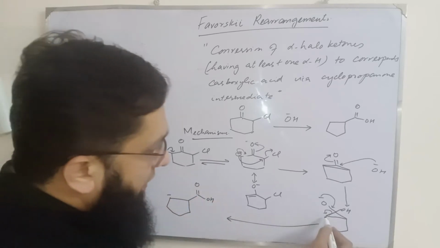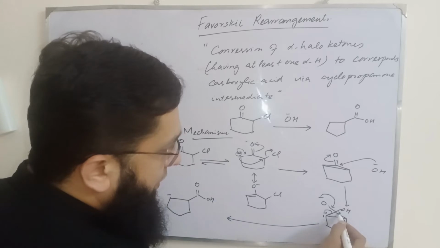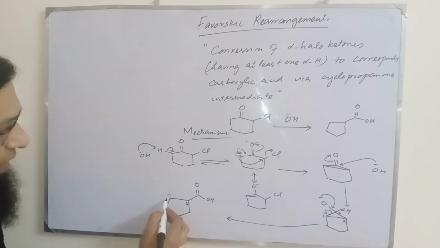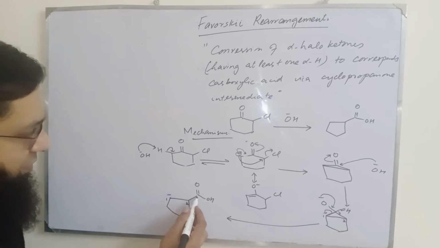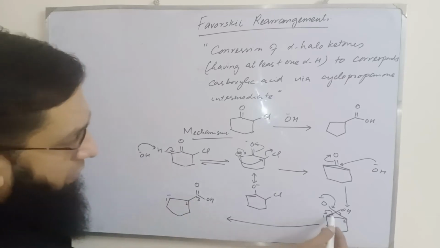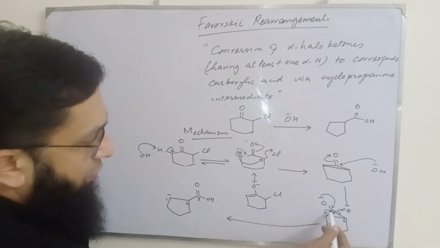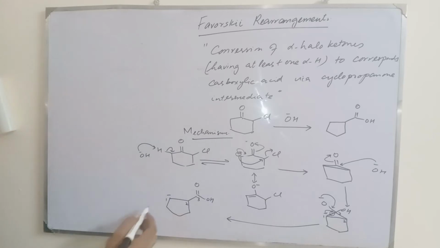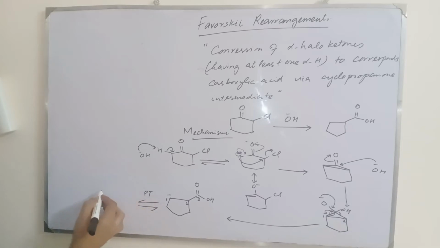If we number the carbon 1, 2, 3, so this is 1, this is 2 and this is 3. So the bond between 1 and 3 has been broken and this is shown by the arrow tail here. So we will get this carbanion and it can take proton from this carboxylic acid as well. So proton transfer reaction.